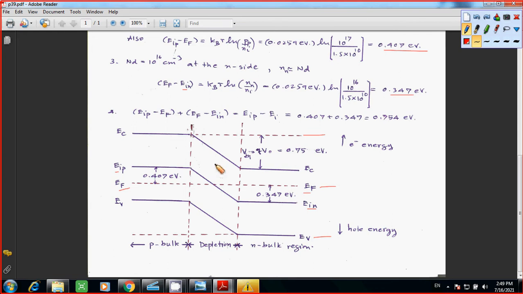And also the built-in potential, this one is going to be 0.407 plus 0.347, or 0.75 electron volt, which we sometimes call the potential barrier. So this is your energy band diagram.